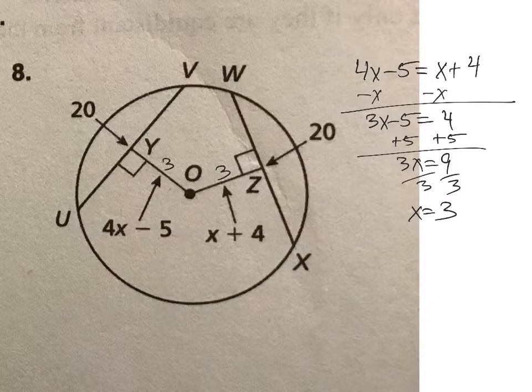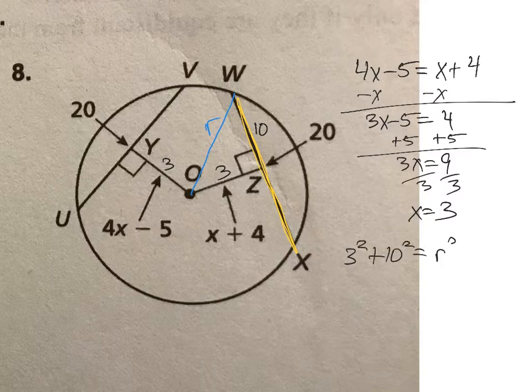And again, this whole thing is 20. WX is 20. I could have used the other one. So that means this little piece is 10. And I need the radius. So now we use the Pythagorean theorem again. So hopefully you got 3 for x. If not, go ahead and change that and let's move on. So we got 3 squared plus 10 squared is equal to the radius squared.